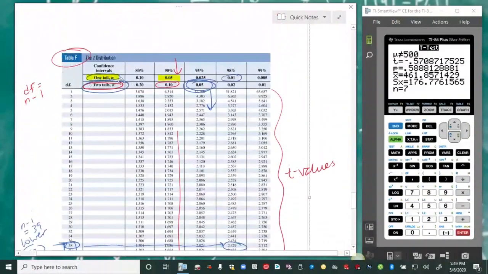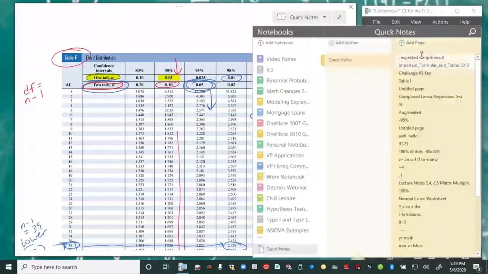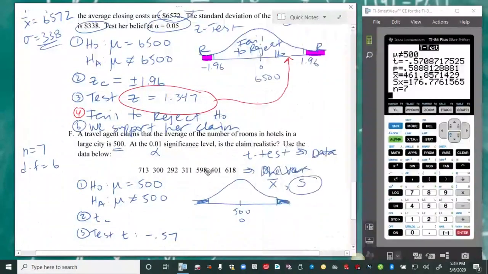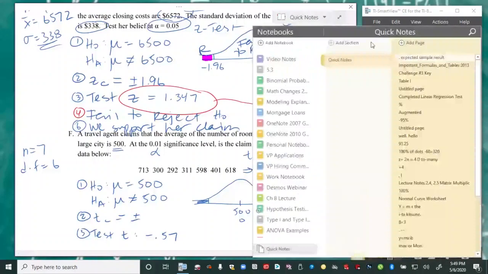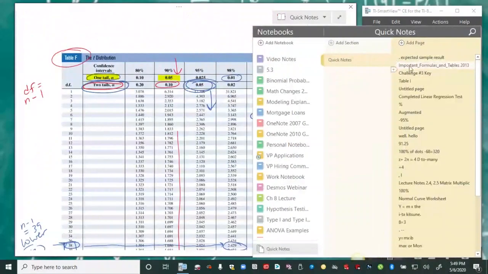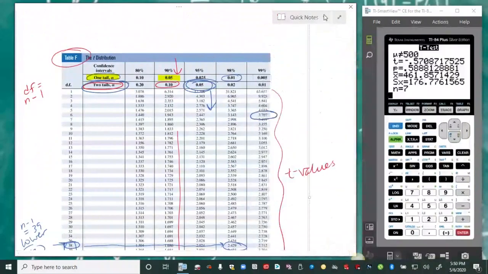So 2 tails, 0.01, 6 degrees of freedom puts me right here where my little cursor is, 3.7. It's a 2-tail test, so I know that I've got to do plus or minus. It was 3 point something, right? 3.707.